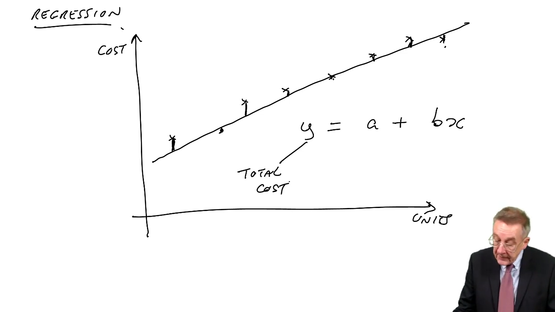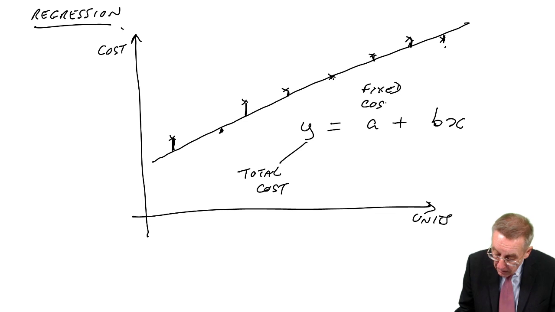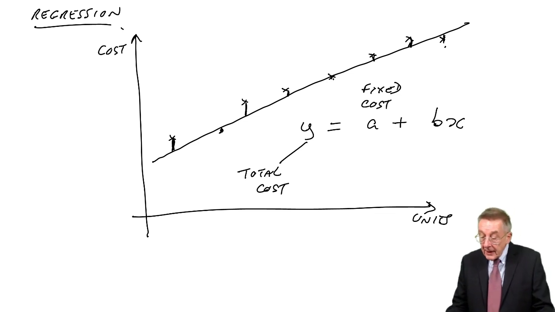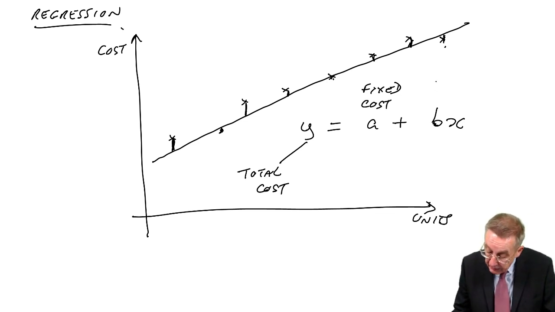It's equal to the fixed cost, plus b, the variable cost per unit, times the number of units.